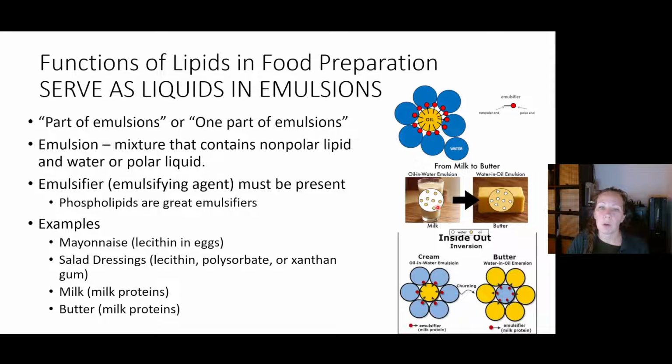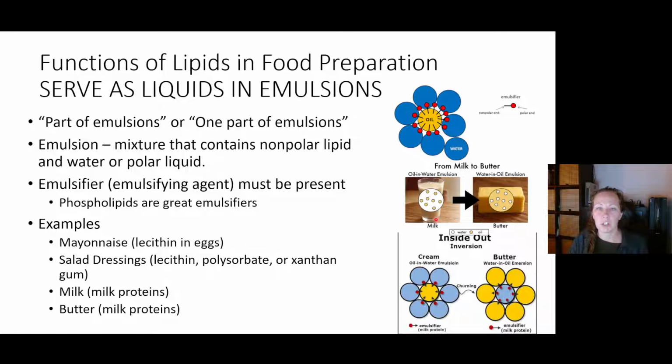So how homogenization works, because it's not adding any kind of emulsifier, it reduces the size of the fat particles in the cream to such an extent that they can be trapped by the milk proteins, effectively allowing it to be emulsified.